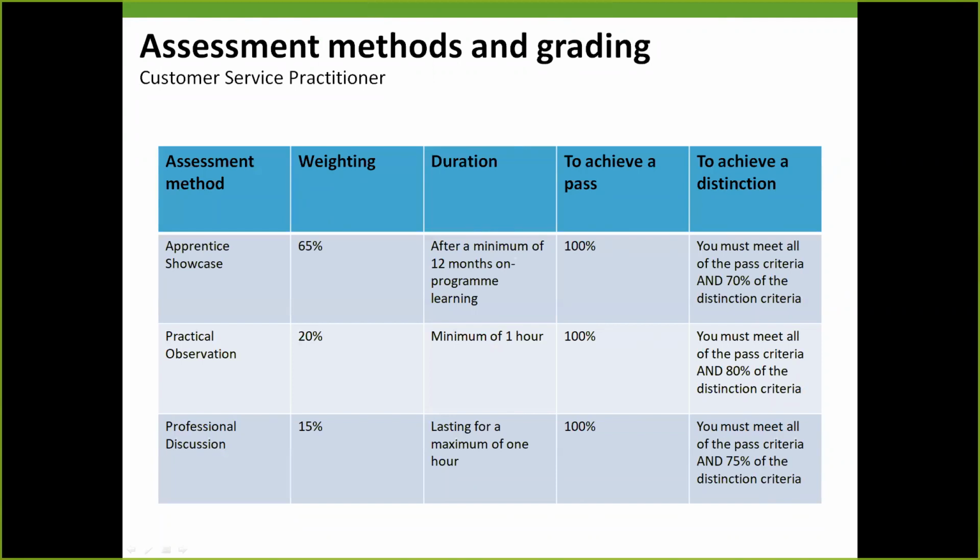So the professional discussion obviously lasts for a maximum of 1 hour. So it's really important that you work with the learner to ensure they are very well prepared, they are confident, and they can answer questions and have a discussion about the precise criteria that you need them to cover. So it's really important to keep on topic.